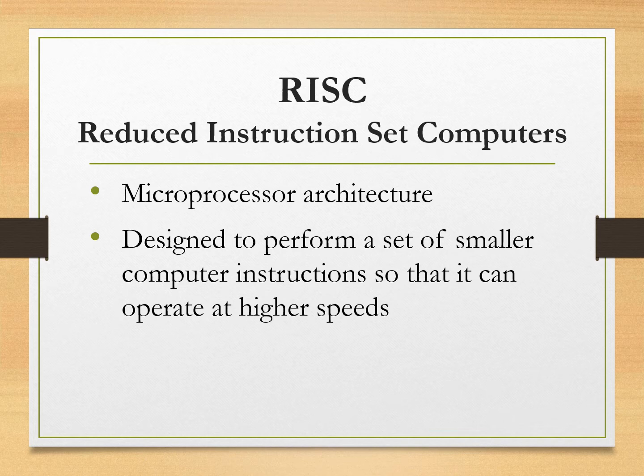We use RISC, where it is designed to perform a set of smaller computer instructions so that it can operate at a high speed. So it means that the instruction is reduced compared to CISC. RISC means that it has fewer instructions.